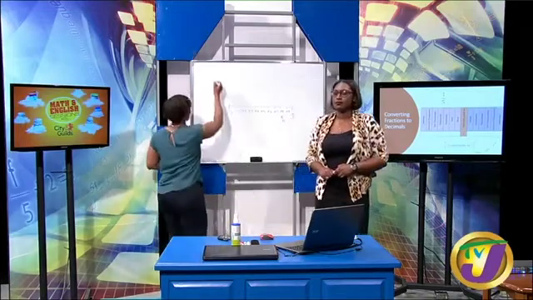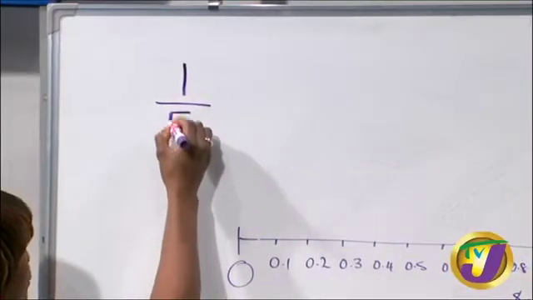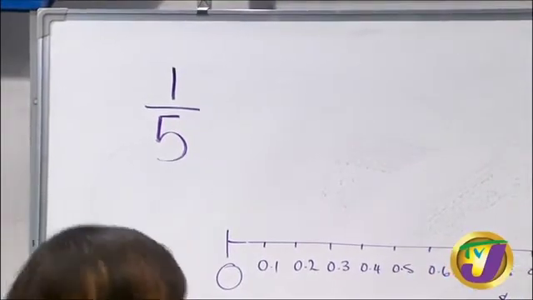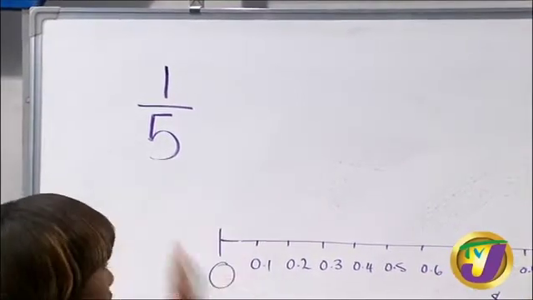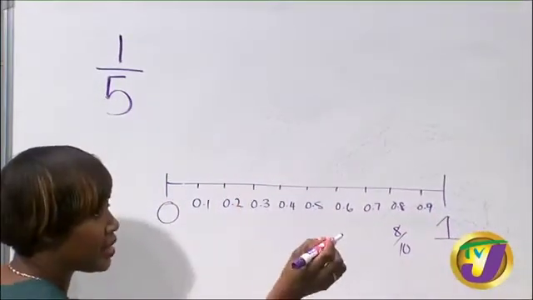So let us do a little more converting fractions to decimals. We have 1/5, which is equivalent to 2/10. Now we would have done equivalent fractions, and your 1/5 would be dividing your number line into 5 equal parts, compared to what we did a while ago, 10 equal parts.